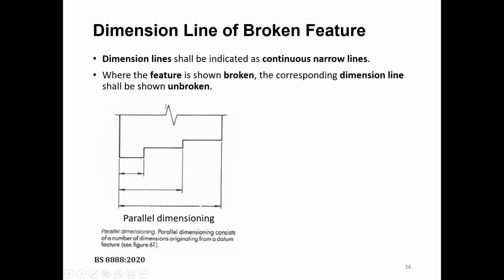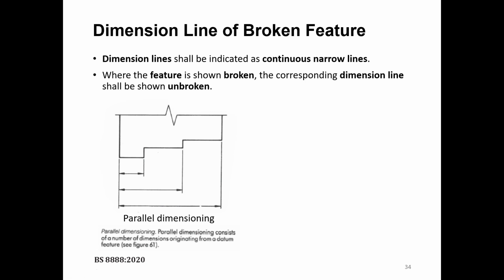What you see here is a broken part, meaning that this part is very, very long, and for example, this distance between this edge and this edge is quite long, but with no details or features on it.